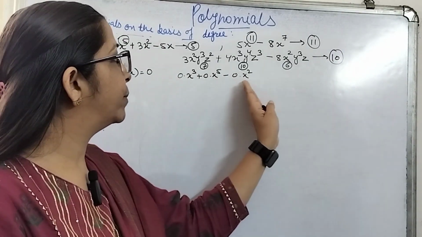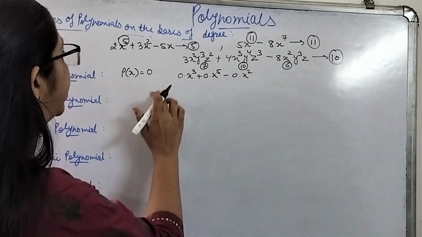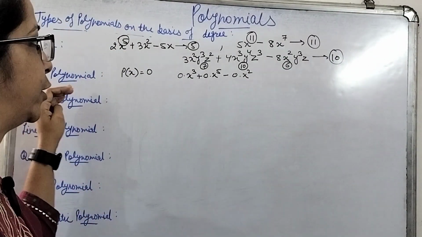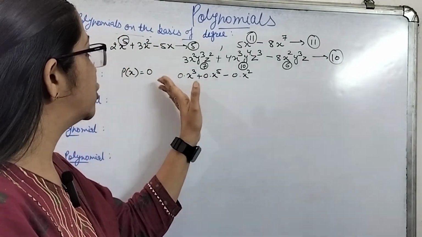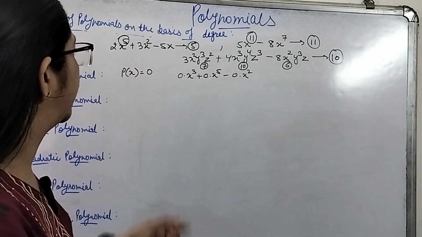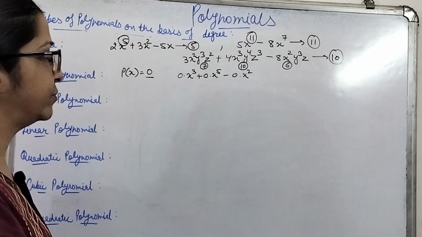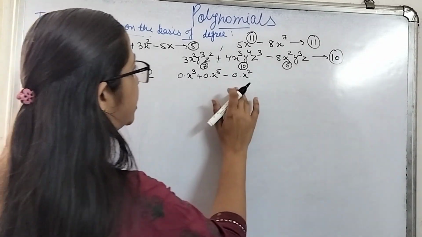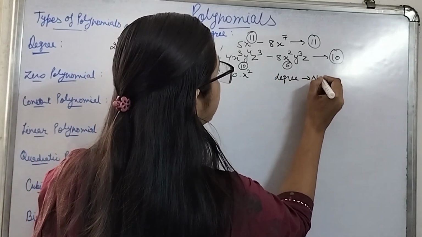So all the terms become equivalent to 0 only. Such polynomials are known as zero polynomials. When the coefficient of all the terms is 0, such a polynomial is a zero polynomial, and it is denoted by p(x) = 0 only. Now, the degree of this polynomial is not defined.